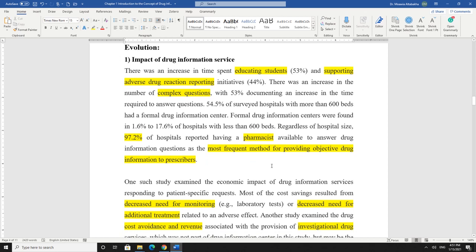Now, for those hospitals that don't have a drug information center, they found that in 97.2 percent of cases, whether it's a small hospital or a large hospital, the pharmacist was available to answer drug information questions. He's the most frequently asked person about drugs. Remember that you are the boss of the medication, you are the boss of the drugs. The physician is the boss of the diagnosis, the boss of surgery, but you are the boss of the drug and you should know this.